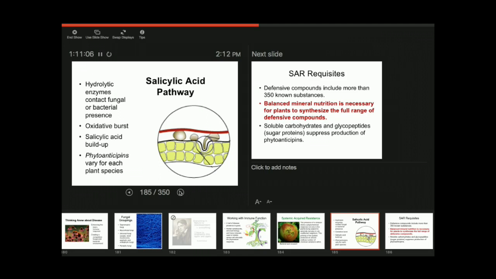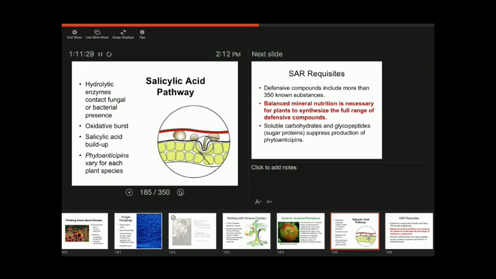And it starts with an oxidative burst. If you've ever read anything about controlling a certain disease with the spray of hydrogen peroxide, we're just mimicking what's going on here. Then levels of salicylic acid build up. You might have read about taking something like willow water, or there are products you can buy high in salicylic acid.